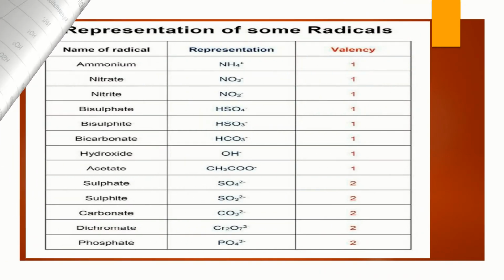We have the bisulfite ion, the hydrogen sulfite ion, which is HSO3 negative 1. We have the hydrogen sulfate ion, HSO4 with a negative 1. So they have a valency of 1.